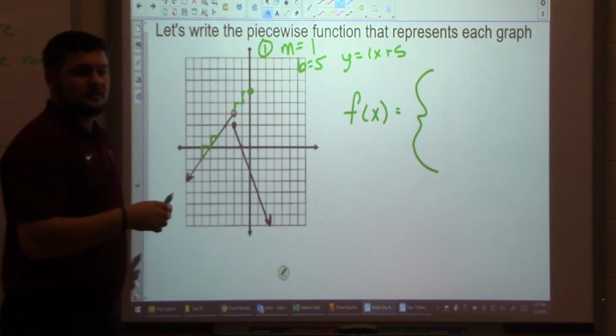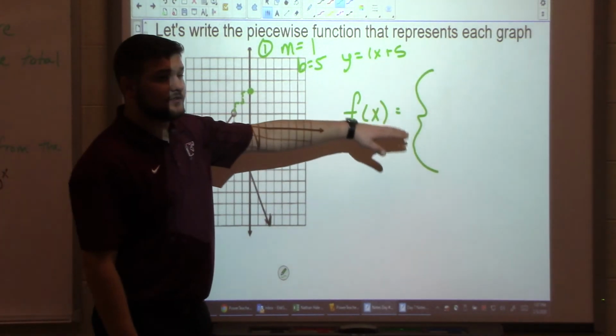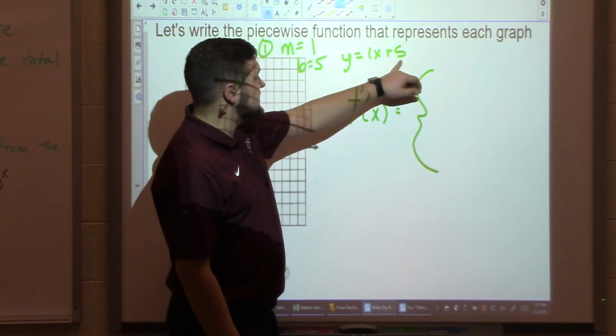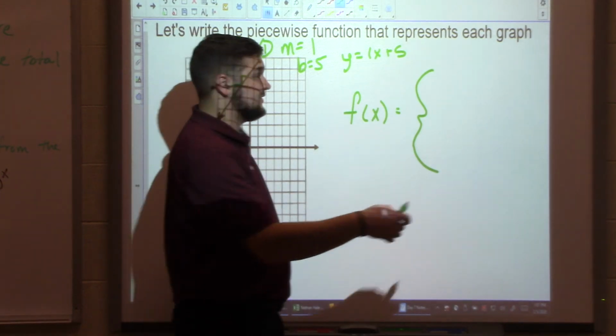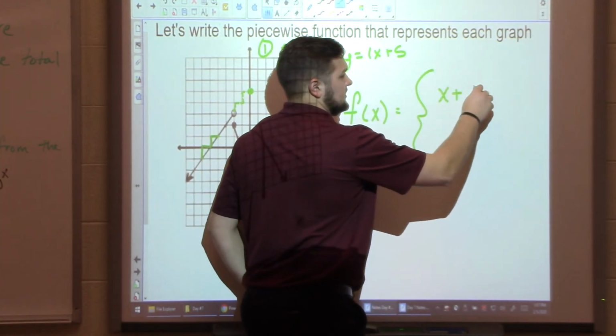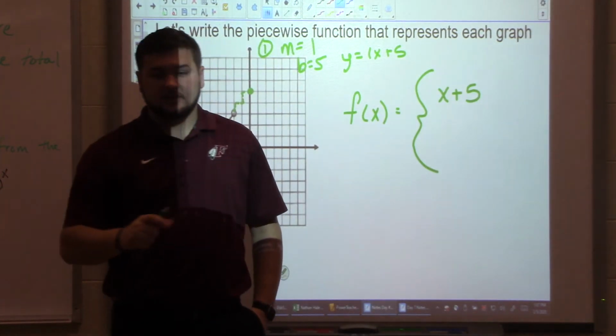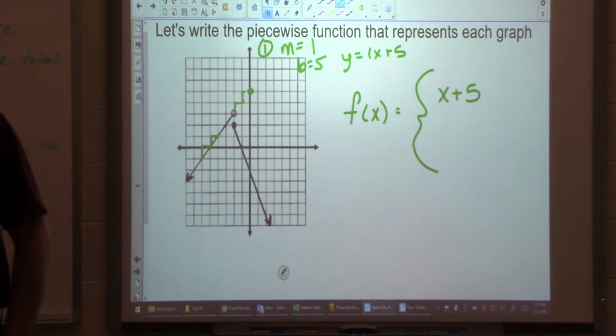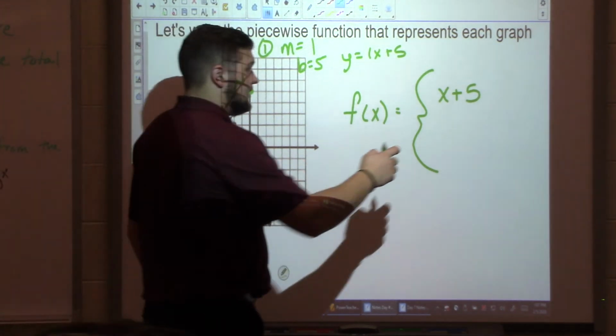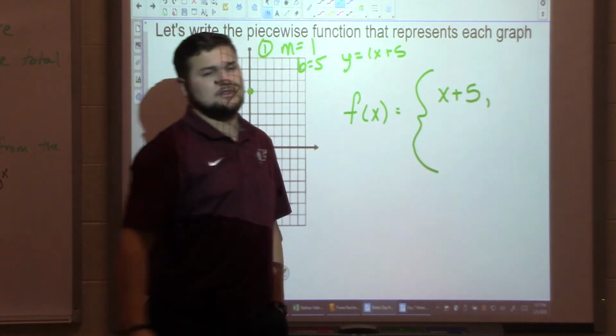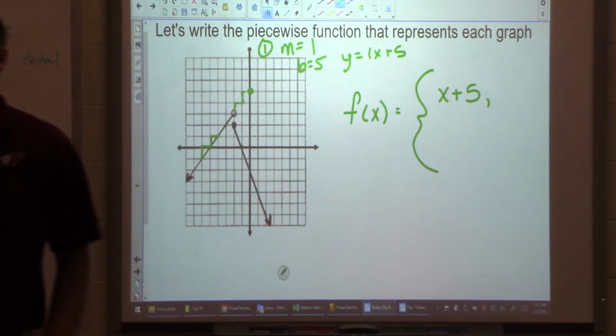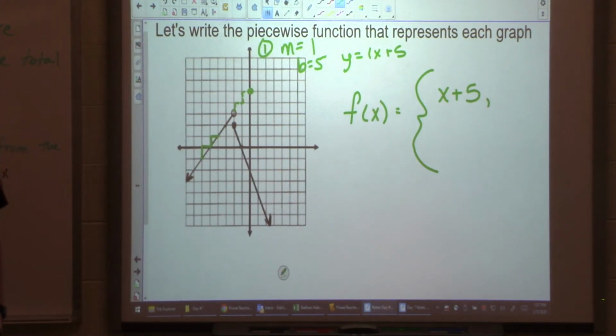In my piecewise function, that first part is going to be that right side of my equation. You can either write 1x plus 5 or just x plus 5. So that's the first part. Then write a comma. I always put a comma, you don't have to. We need to figure out what x values we're using that for.